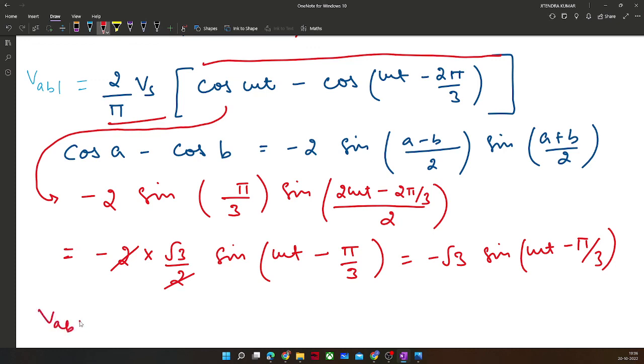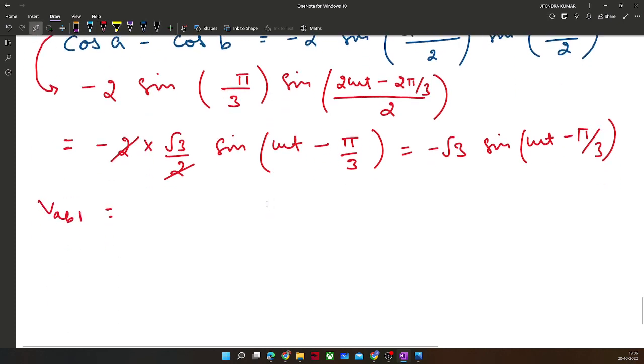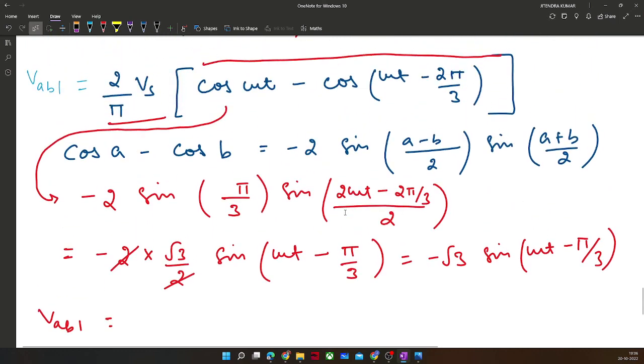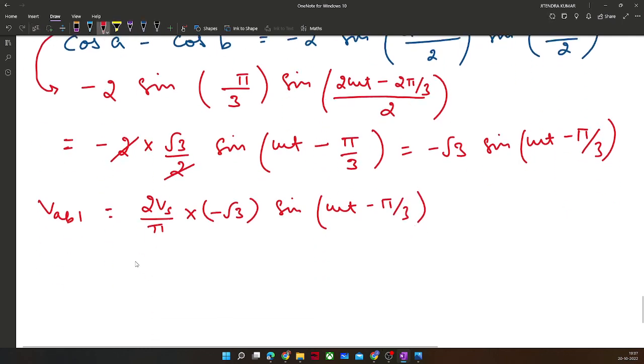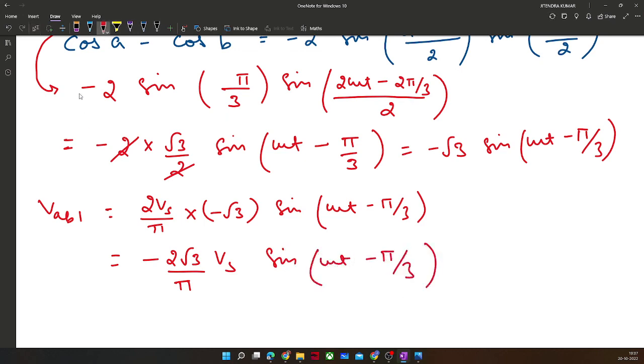So VAB1 would come out to be 2 Vs by pi into minus root 3 sine of omega t minus pi by 3. Let me rearrange once again: 2 root 3 by pi Vs sine of omega t minus pi by 3. So this is your fundamental component VAB1.